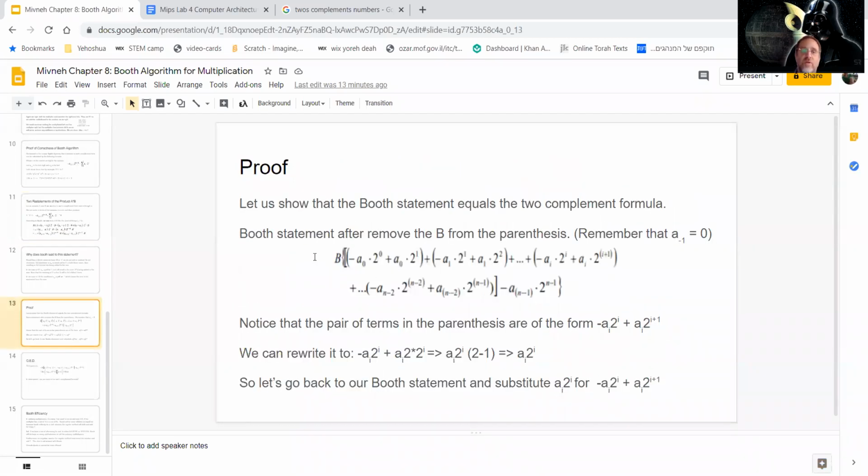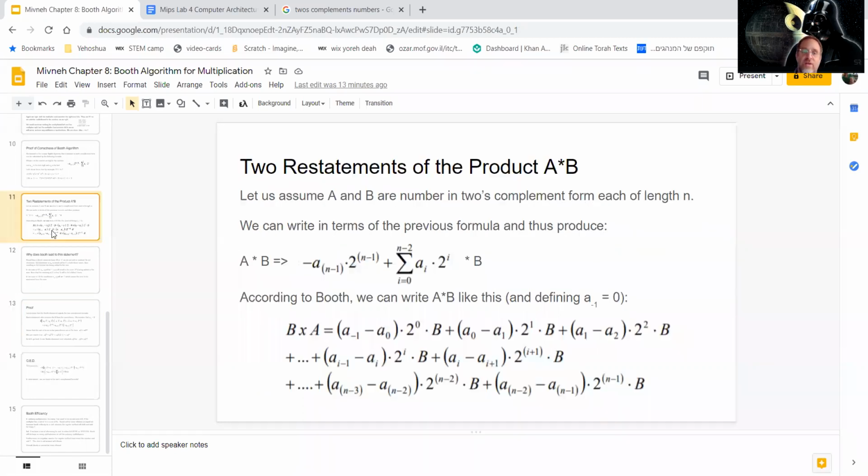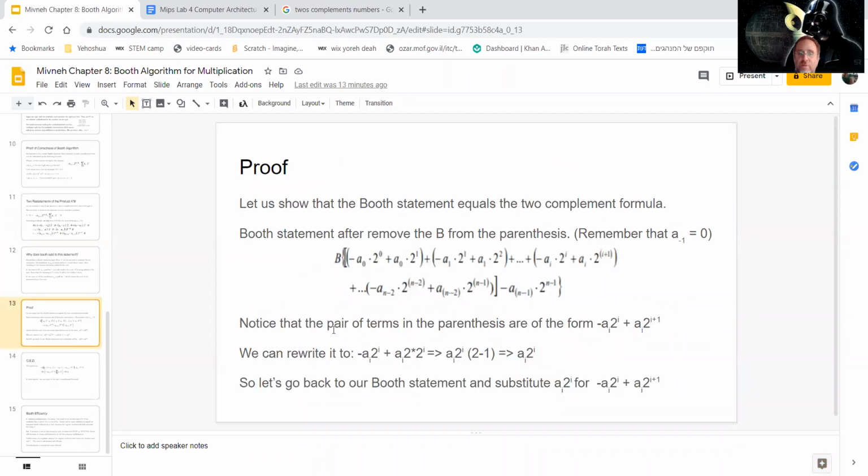So that's the proof. Let us show that the Booth statement equals the 2's complement formula. So let's take that Booth statement, here it is, and we're going to rewrite it. We're going to do a little math. But this part should be easy, basically. We're going to take out the B from the whole thing.